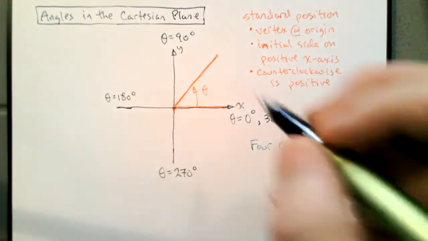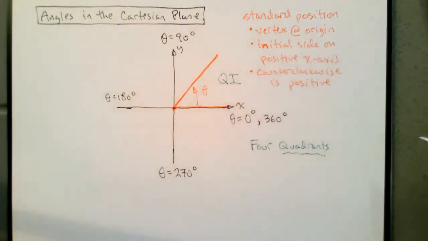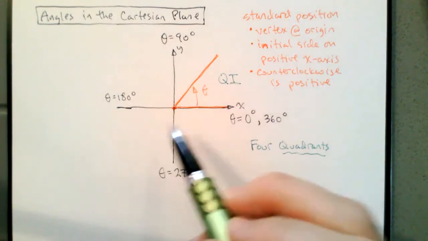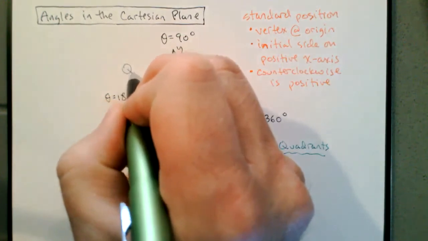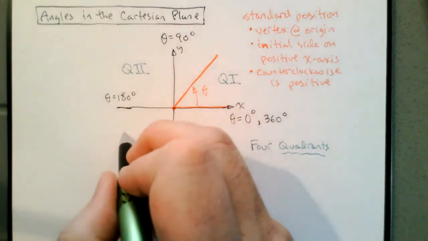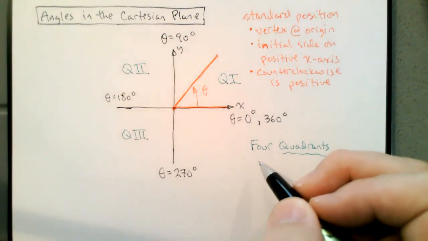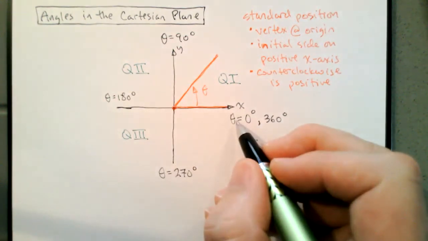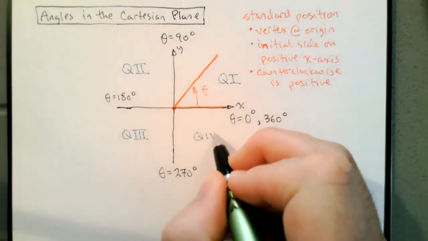This first quadrant is going to be called Q1. We use Roman numerals to let everybody know that we're serious. Then we count in the same positive direction. Q1 is between 0 and 90. The second quadrant is between 90 and 180, that's Q2. Between 180 and 270 is the third quadrant, which we abbreviate Q3. And between 270 and 360 is the fourth quadrant, which is QIV.